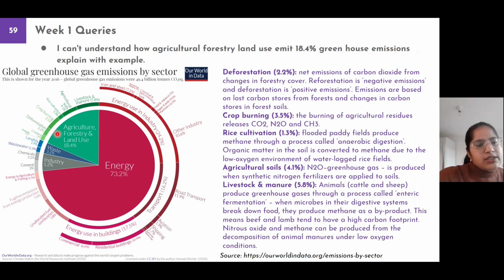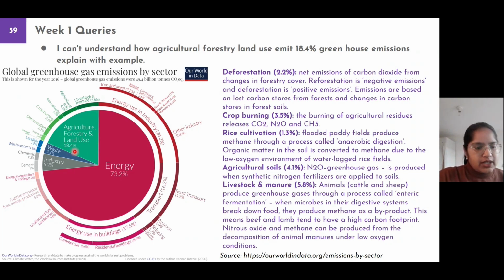So as you can see, the agriculture, forestry, and land use is further divided into 7 categories, which are livestock and manure, agricultural soil, rice cultivation, crop burning, deforestation, cropland, and grassland, each of them contributing a different percentage towards the total 18.4%.